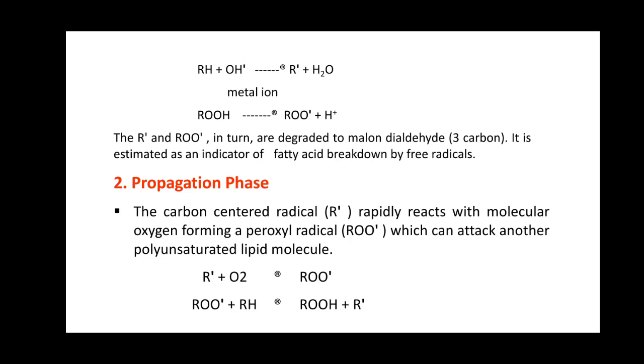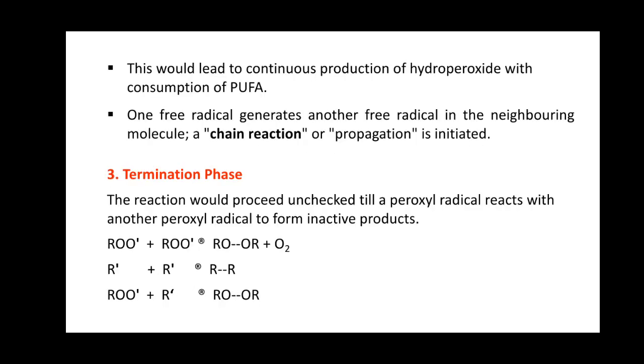So in this propagation phase, we can see the carbon centered radical rapidly reacts with molecular oxygen, forming the peroxyl radical, which can attack another polyunsaturated lipid molecule. This leads to continuous production of hydroperoxide with the consumption of PUFA. So one free radical generates another free radical in the neighboring molecule, which is called a chain reaction.